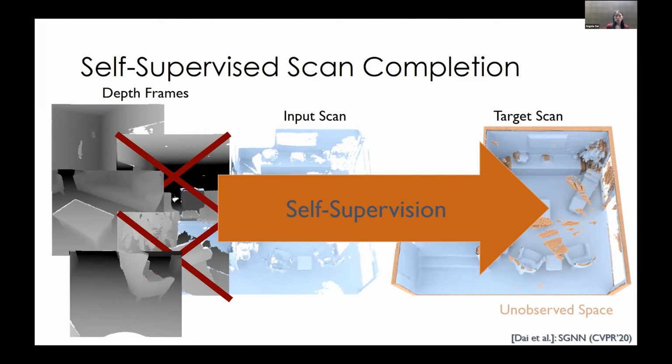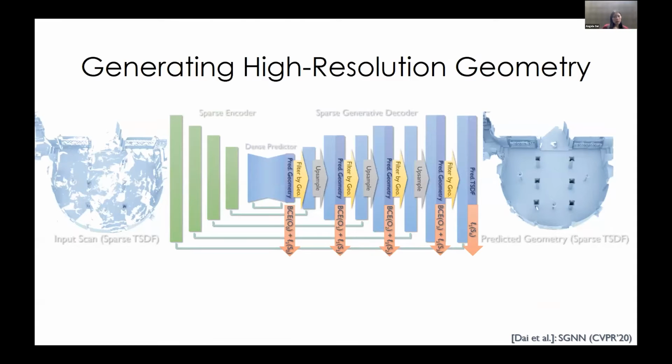And then in order to be able to generate fairly high resolution scenes, we have a sparse generative network that allows us to go to this resolution here of 2 centimeter voxels as a sparse truncated signed distance field. Here we have a bunch of sparse convolutional encoders that operate on the input scan geometry. But what we want to do is to predict more structure in the complete scene than actually exists in the input.